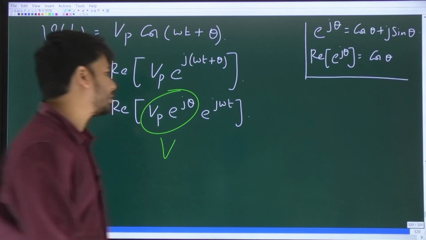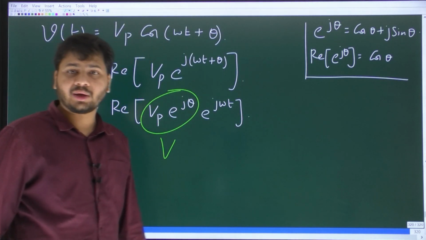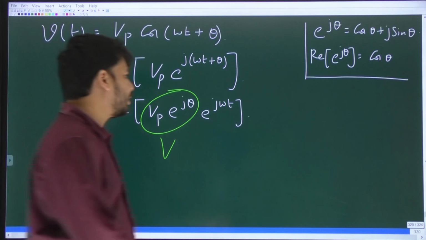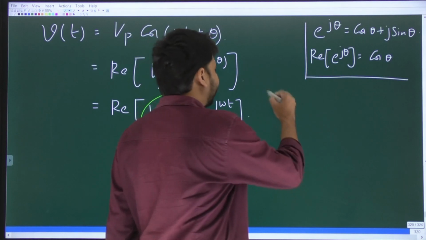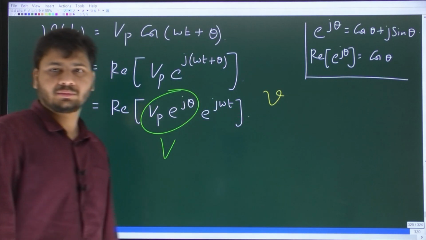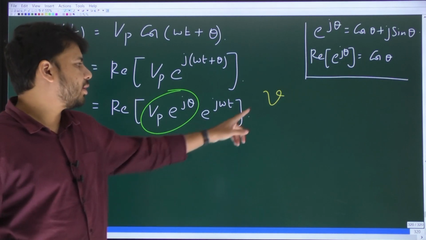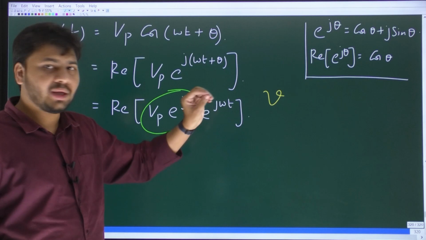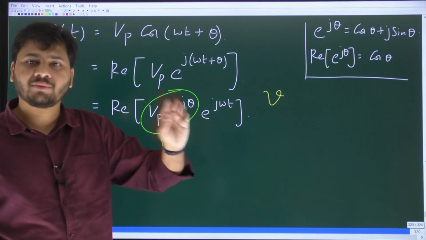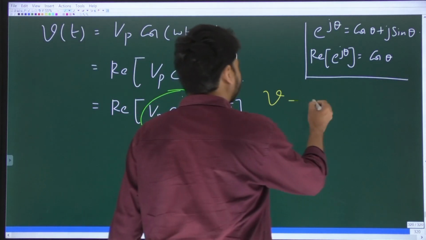You understood? Yes. So here, let's be very clear about notation. From now onwards, for a voltage, if I write small v this way, then it is voltage as a function of time. That is voltage in time domain.